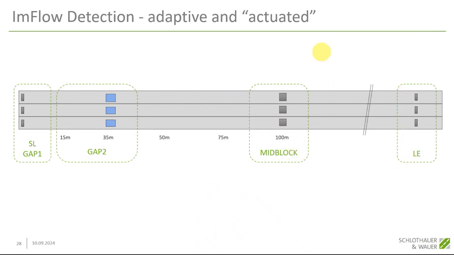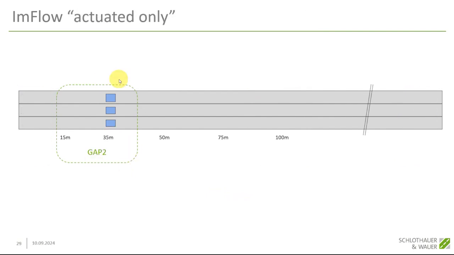This is something of a maximum configuration where you have link entry detectors, you have stop line detectors at the next intersection or at the actual intersection, and you have gap out detectors here, which are optional in any way when you also have an actuated mode that you want to have active at certain times or combine with the Q model or the adaptive mode. If we look at different modes, so these gap detectors at 35 meters, they are really just for the actuated only mode.